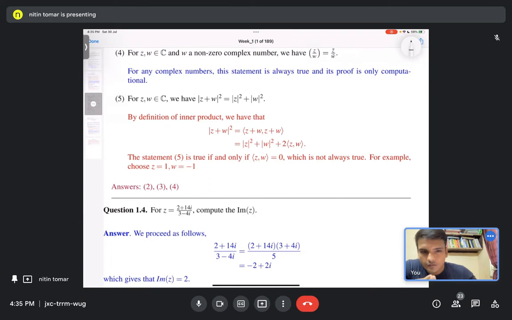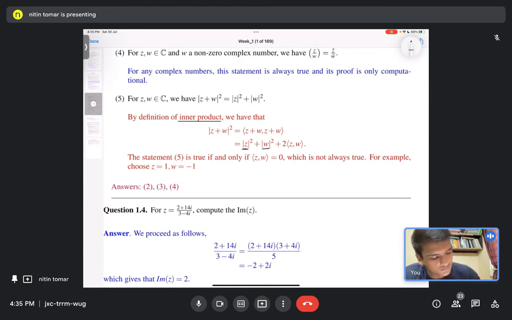But there is more to this statement. If we look closely, by the definition of inner product, modulus of z plus w square is actually equal to the inner product of z plus w with itself. Now if you open the inner product, it should be mod z square plus mod w square plus 2 times the real part of the inner product of z comma w.